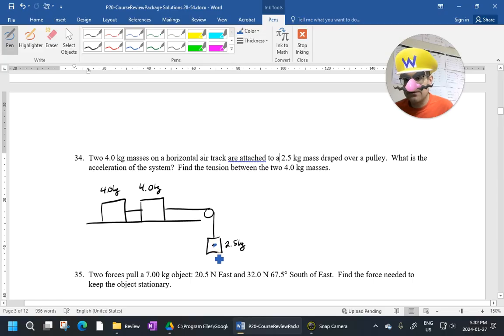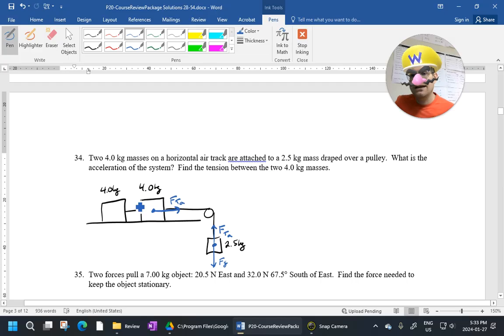So on the 2.5 one, we have gravity. And we have this tension pulling upwards here, right? Because it's going to pull on the 4 kilogram box here. And the 4 kilogram box is going to pull back, right? So these two tensions, I'm just going to call this tension A. And this is tension A as well, but the negative version of it.